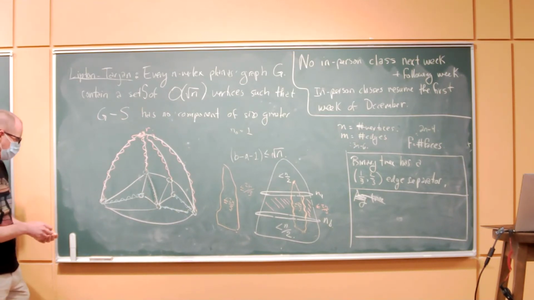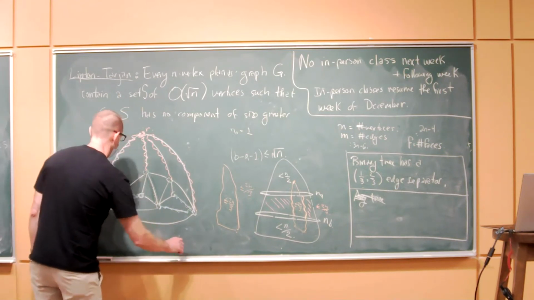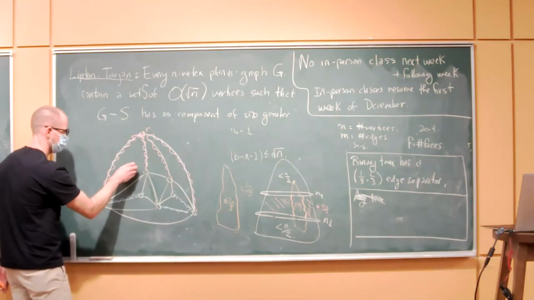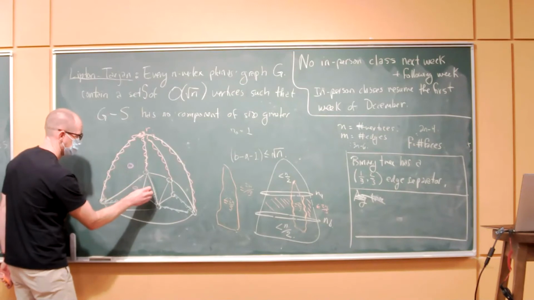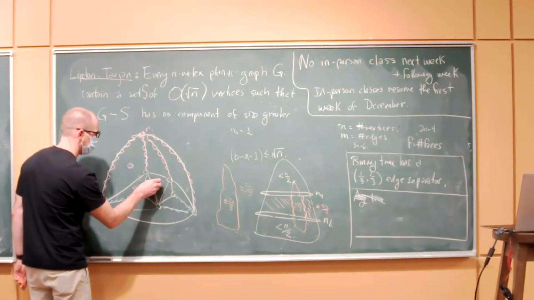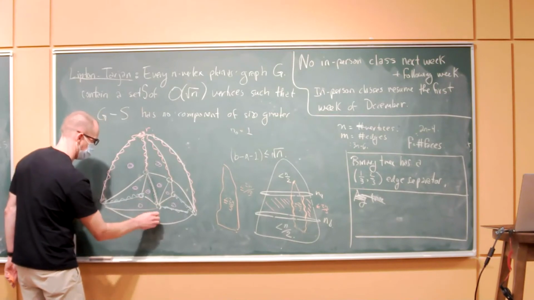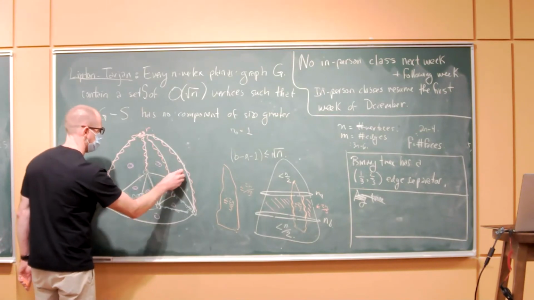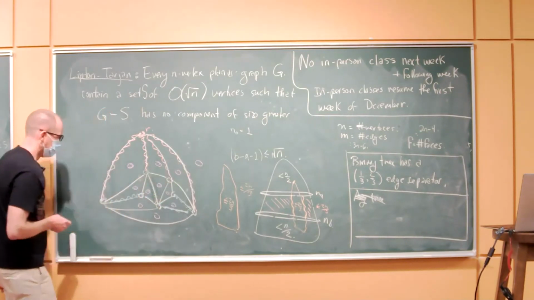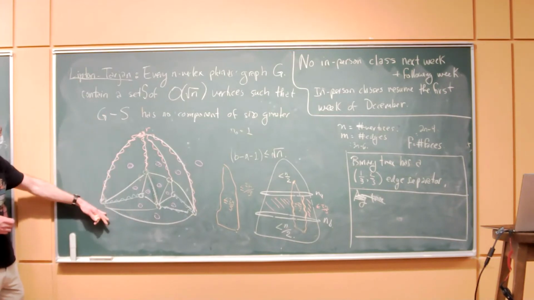Yeah, let's use the tree co-tree argument. So look at all the faces. And we have a spanning tree of the main graph, which is the BFS tree.